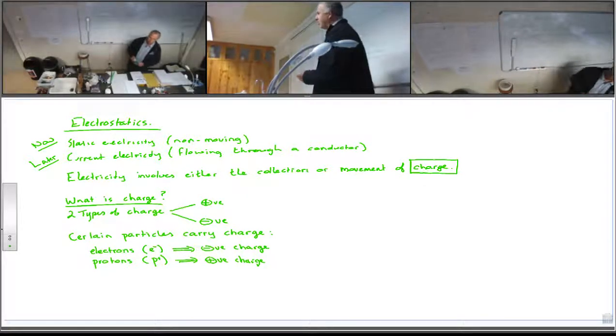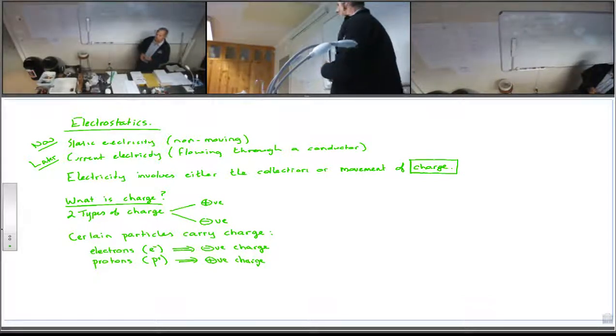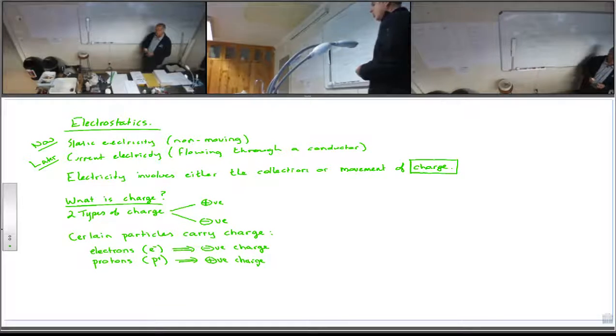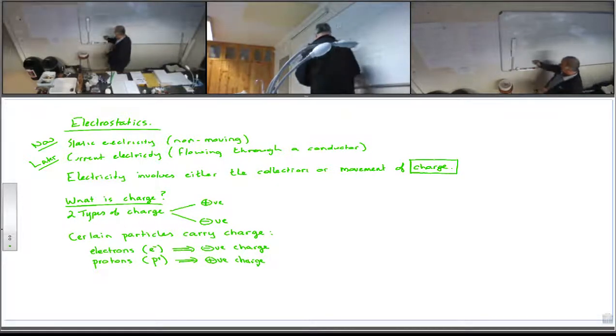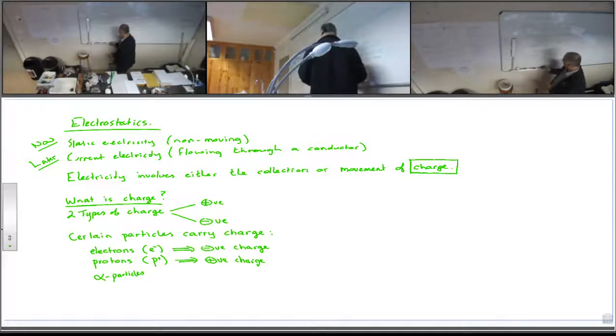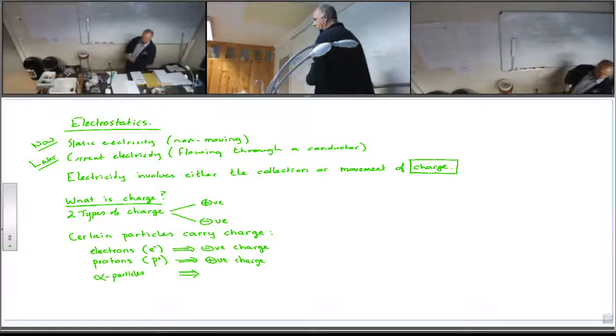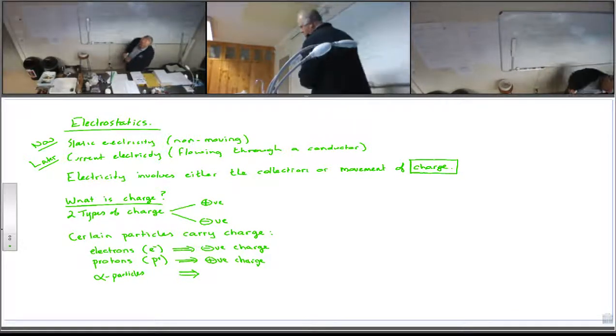Neutrons are neutral, so they're not charged particles. Do you agree? Okay, so neutrons don't carry charge. Electrons do, protons do. Alpha particles. They carry a positive charge.